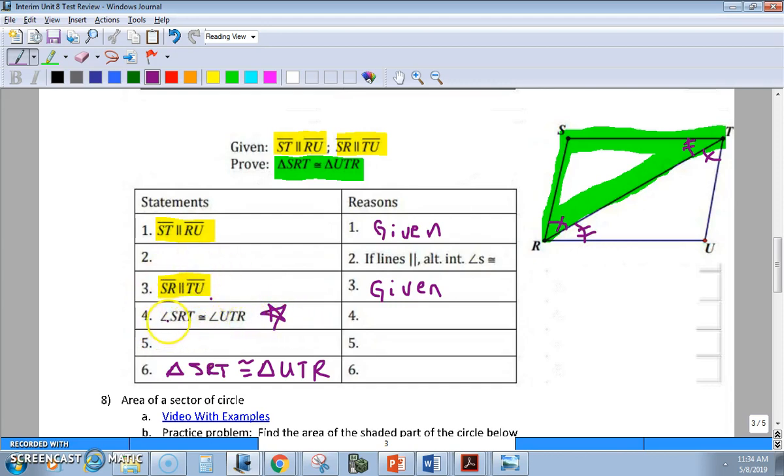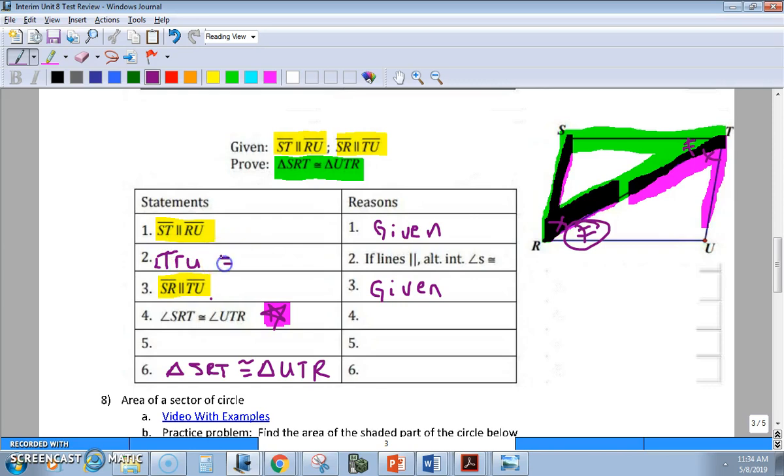So it already has SRT and UTR. So just really quickly, let's figure out what that one is because we will want to do the rest of them. So it has SRT this way, and it has UTR. Okay, so that was that angle. They use that angle here where the star was. So the angle we're going to use here will be the other one, and we have to do it in the correct order, TRU.